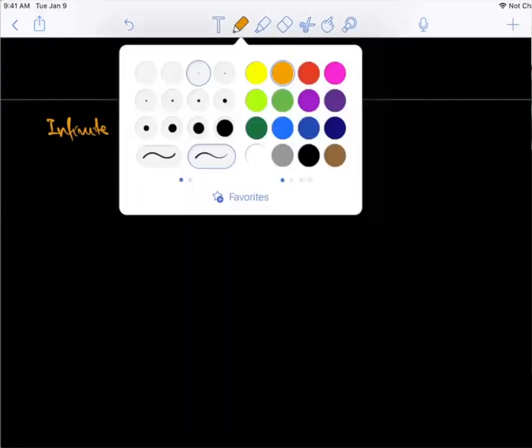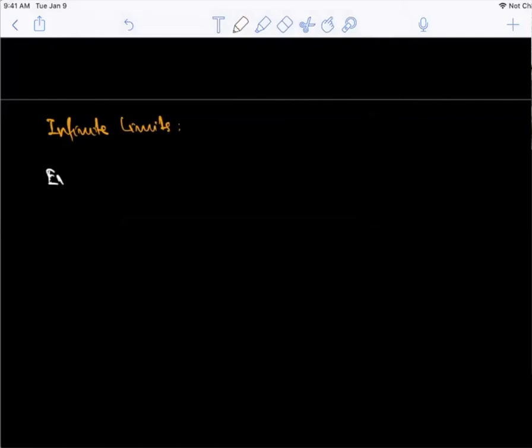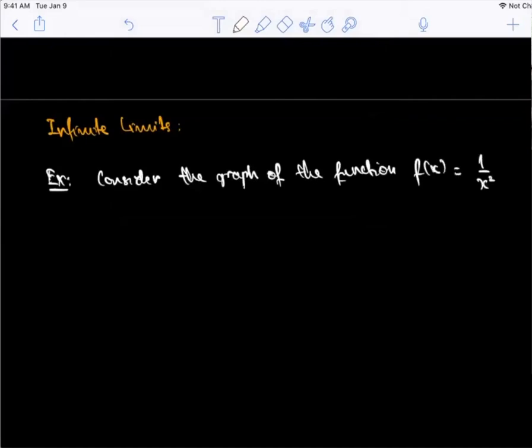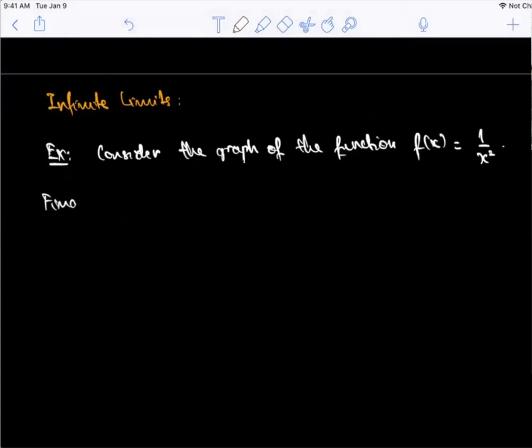Let's consider this example. Consider the graph of the function f of x equal to 1 over x squared. So find the limit of 1 over x squared as x approaches 0.